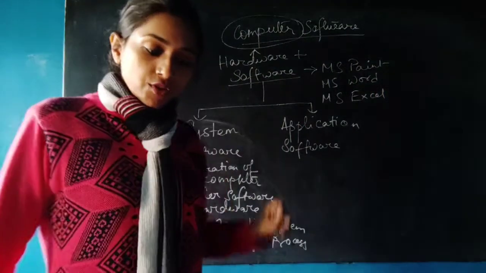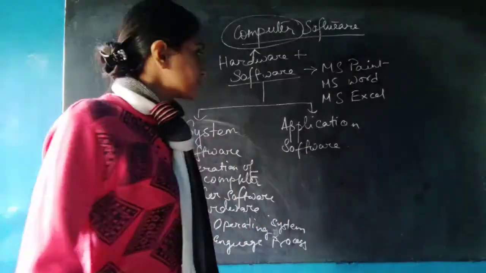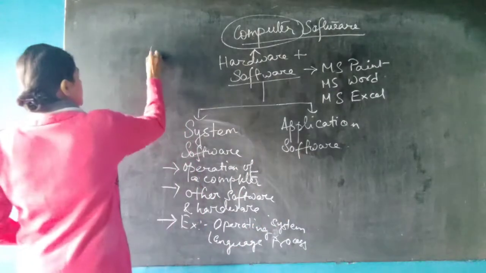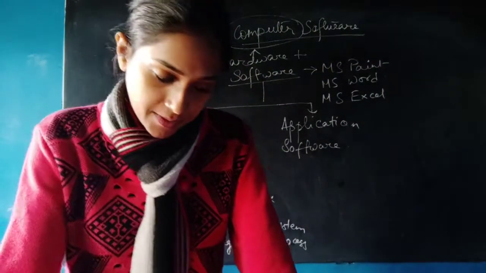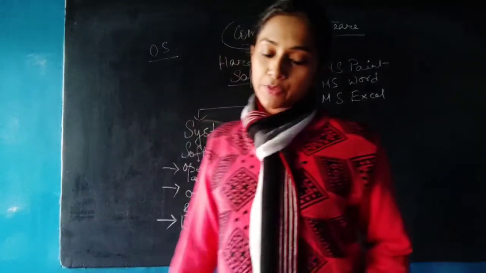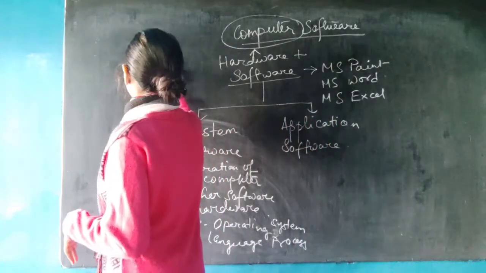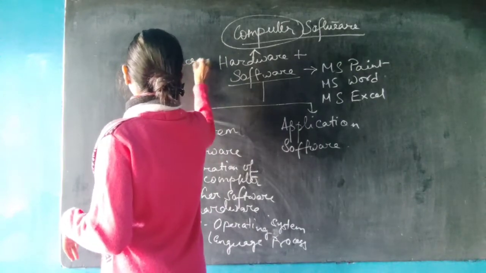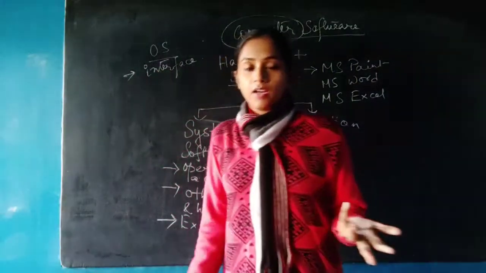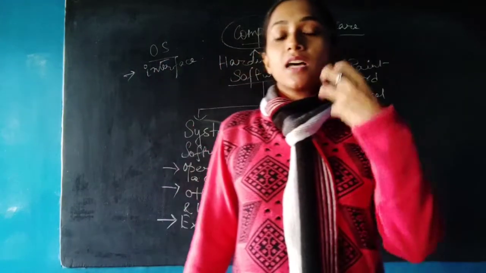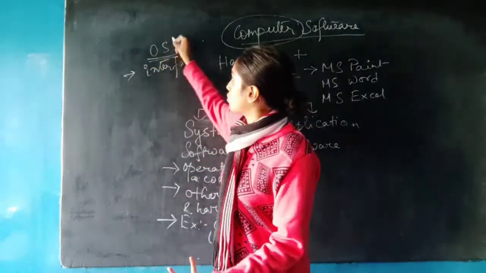Clear everyone? Now next we will go for the operating system. Operating system is often termed as OS. This is the short form of operating system. It is an interface between the user and the computer. That means this OS, it is Windows or MS Windows. The instructions that I am giving to the computer are actually received by this OS.